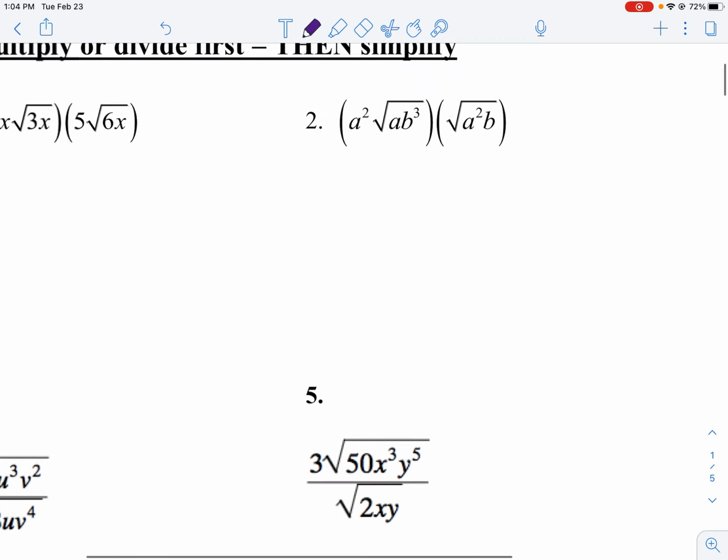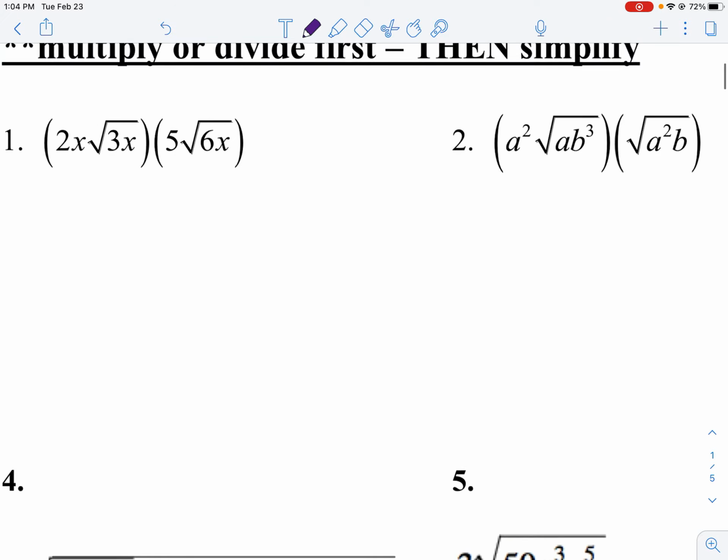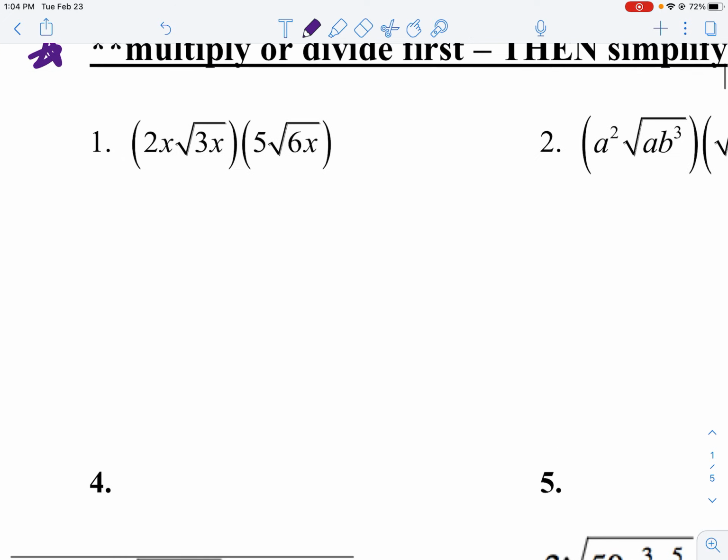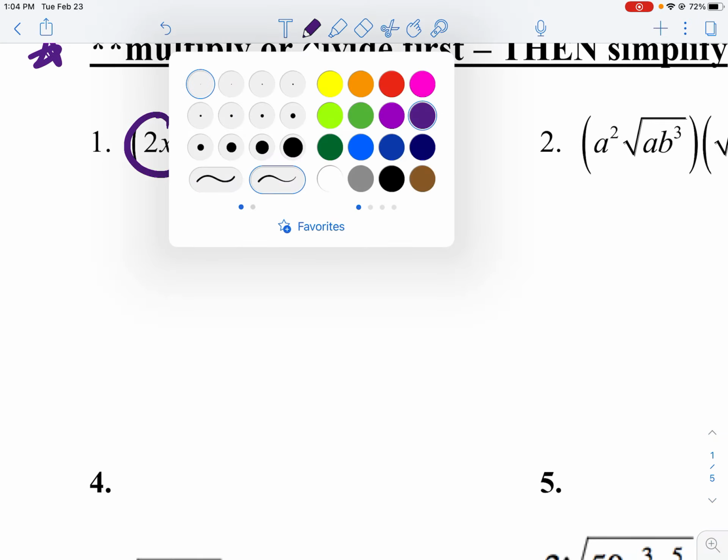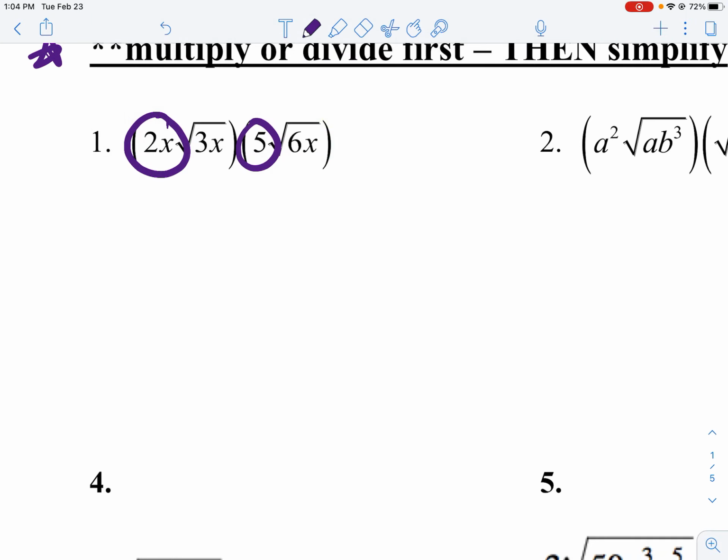Let's zoom in and take a look at number one. We're multiplying these two. First, anything that's outside of the radical gets multiplied. Stuff outside the radicals always gets multiplied with each other. So 2x times 5 will give me a 10x.